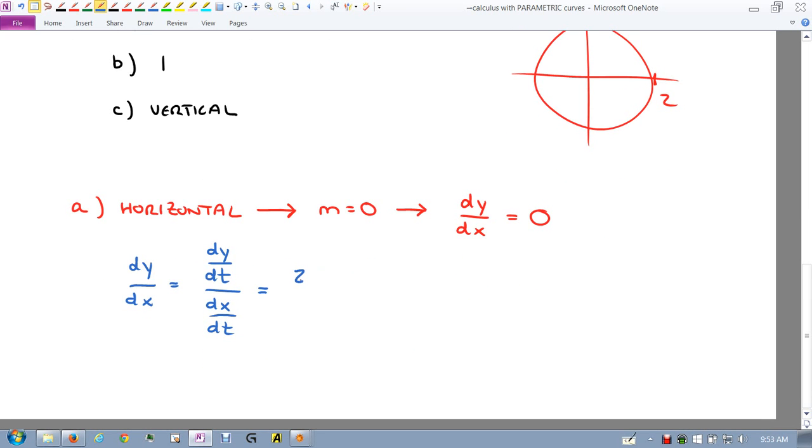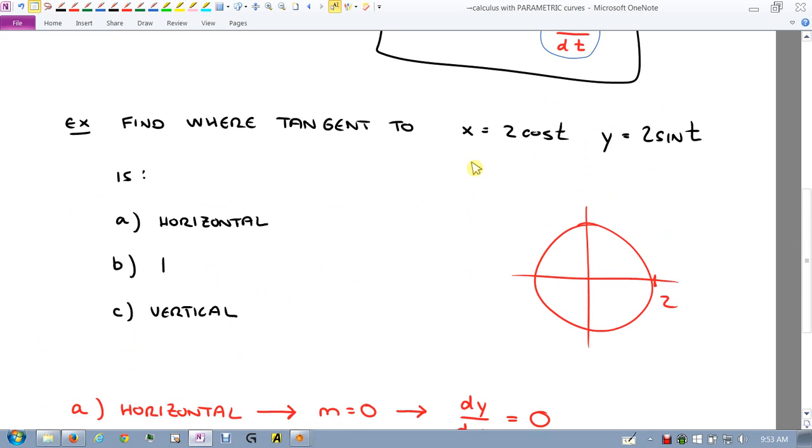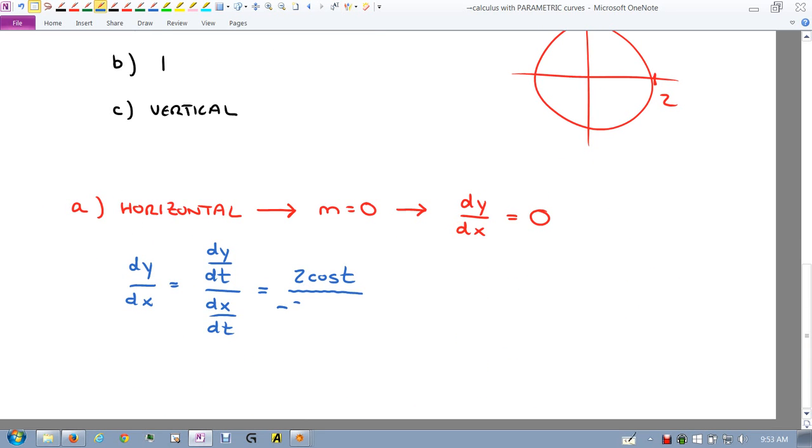So we have 2 cosine t over, what is the derivative of x with respect to t? Negative 2 sine t, which is really just negative, I'll leave it as a fraction, cosine t over sine t.